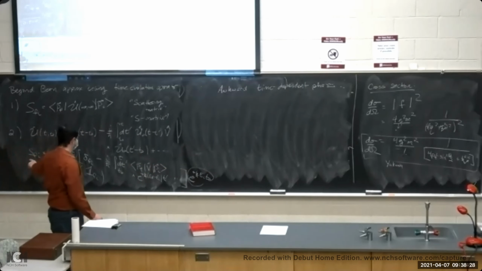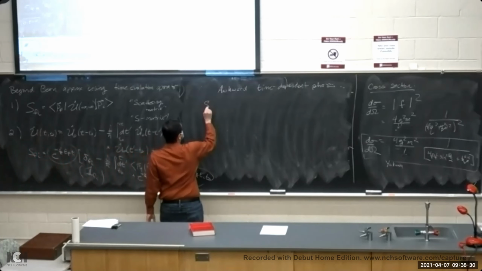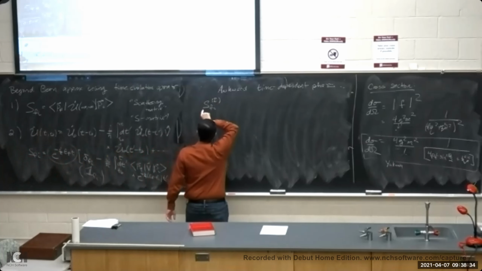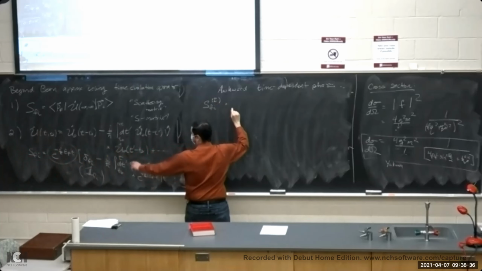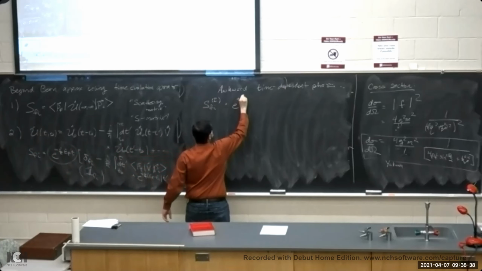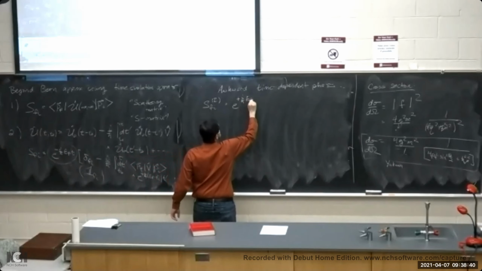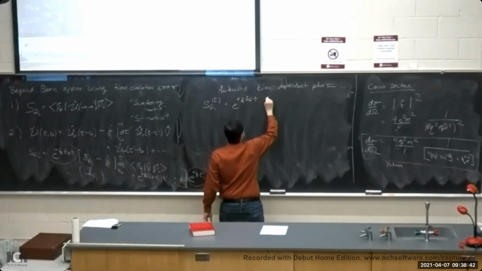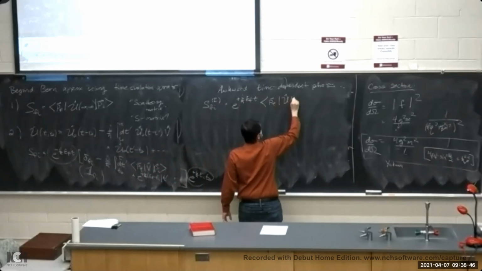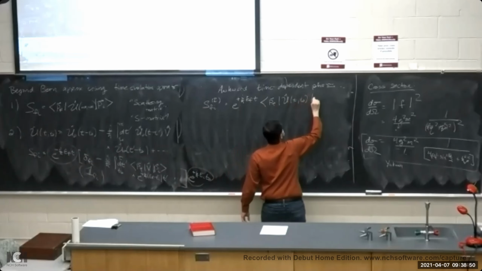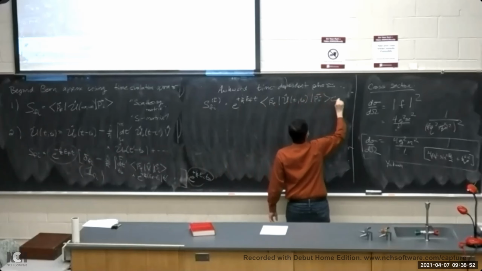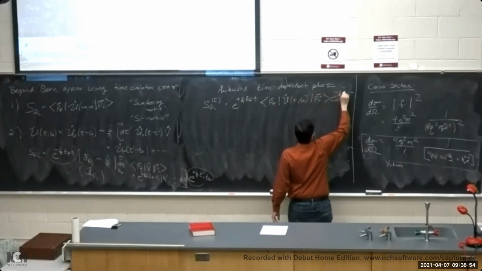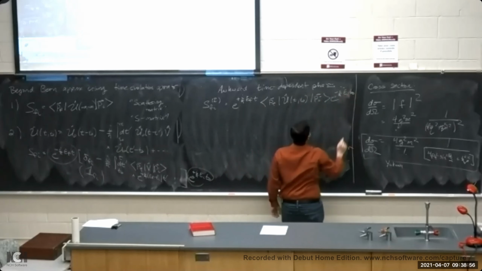But you can move them to the left-hand side and write the interaction picture part of the S matrix. So that basically just absorbs these factors, plus i over h bar, E final times time, let's say U of t, t naught, initial, e to the minus i over h bar, E initial times t naught.